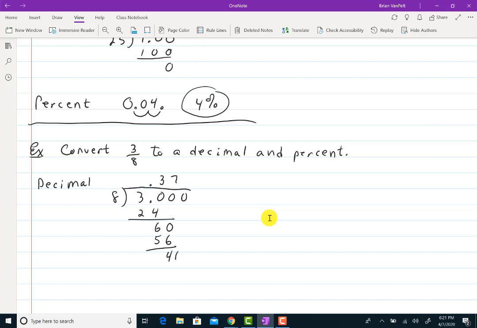Add a 0, bring down a 0. 8 goes into 40 5 times. And that finally finishes that one off. So as a decimal, I get 0.375.